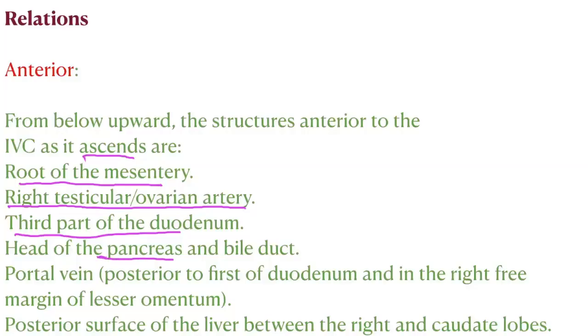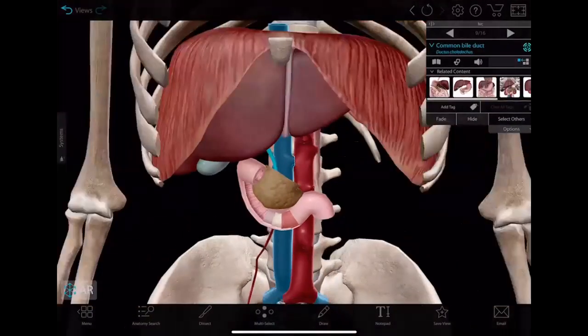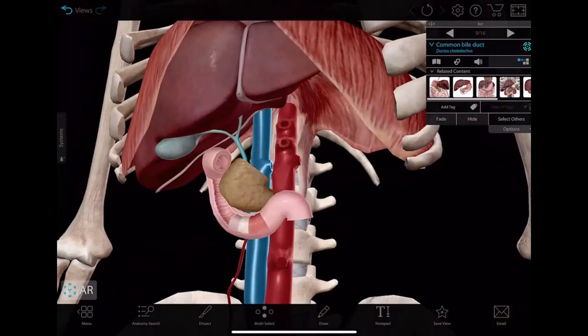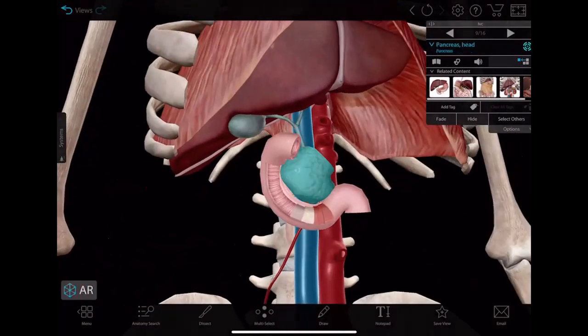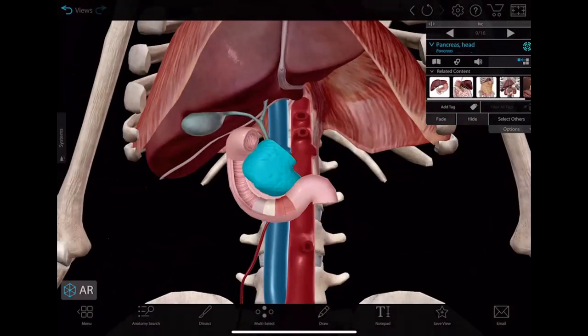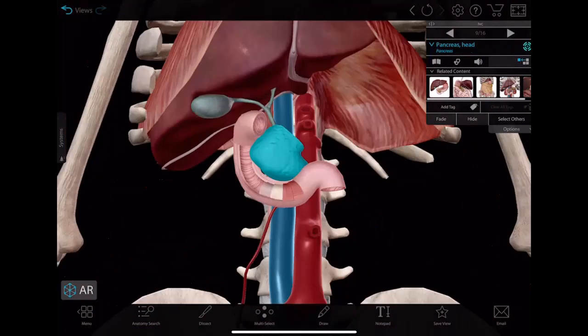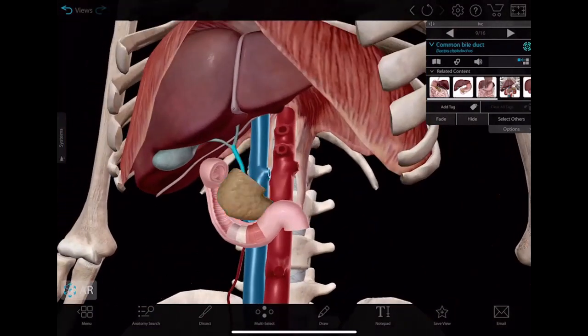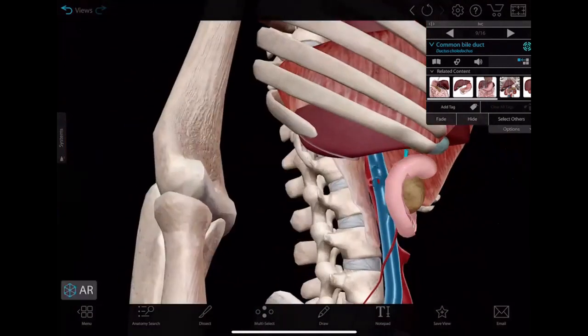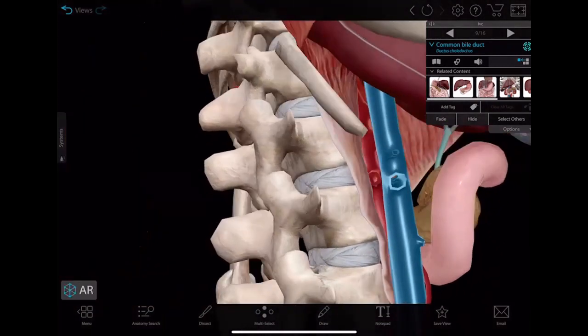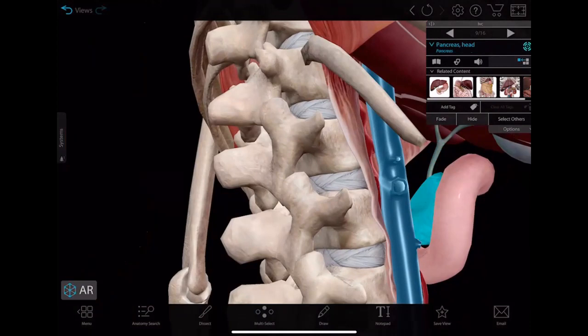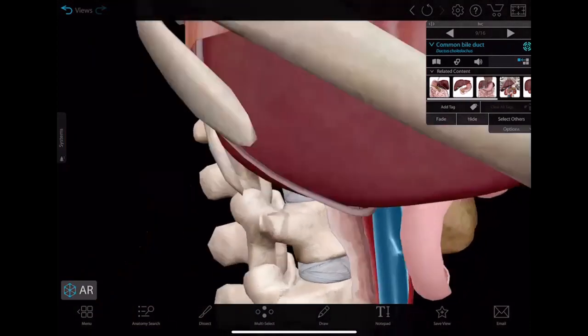Head of the pancreas and bile duct. See, this is the head of the pancreas, so you can visualize the whole pancreas, and this is the common bile duct. So these are in front of the inferior vena cava.